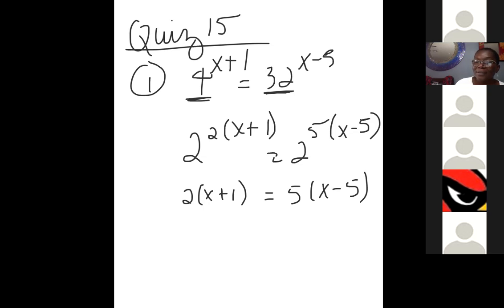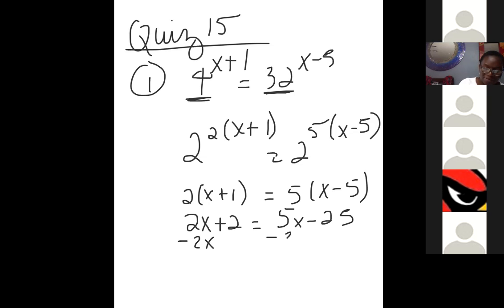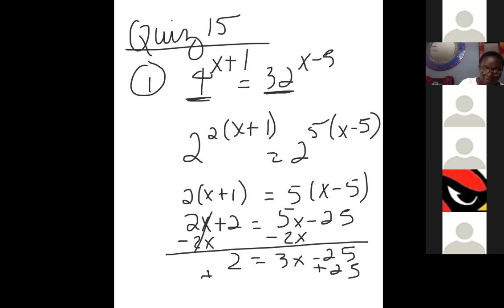No? Okay, so let's distribute the 2, guys. We get 2x plus 2. Distribute the 5, we get 5x minus 25. Now we're going to subtract 2x on both sides. So these cancel out, leaving us with 2 equals 3x minus 25. Now add 25 to both sides.